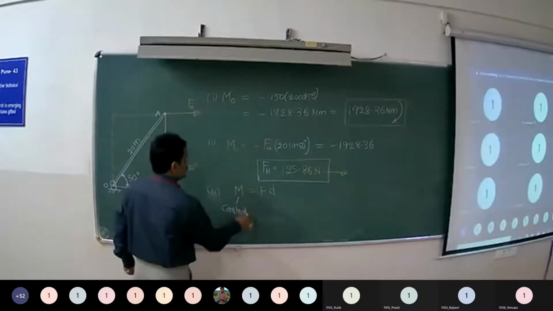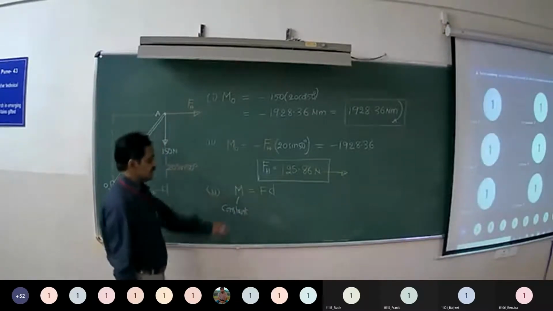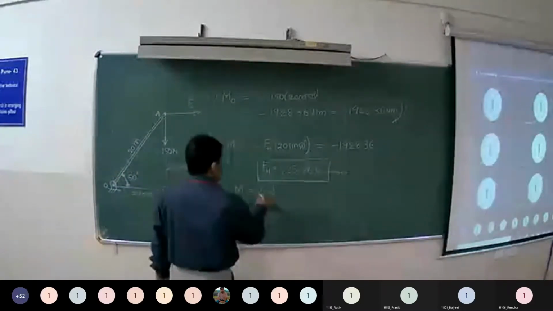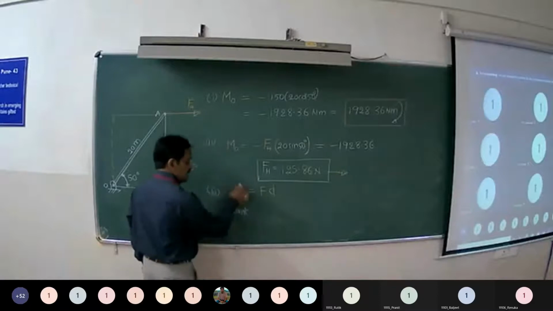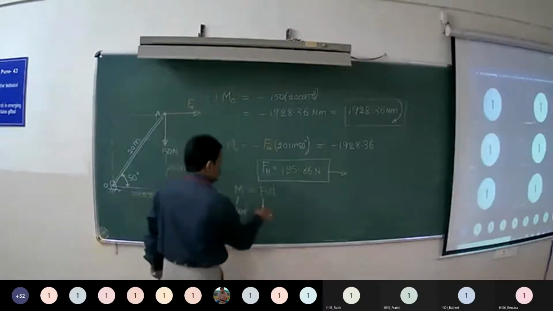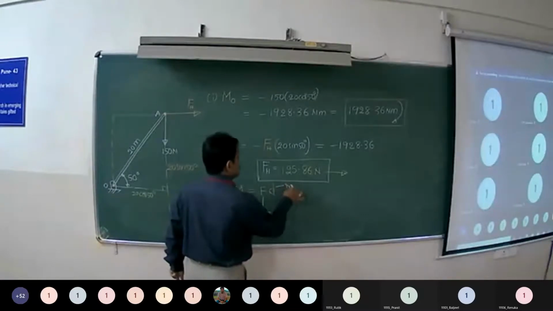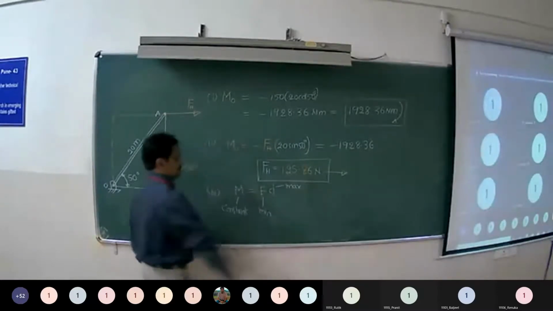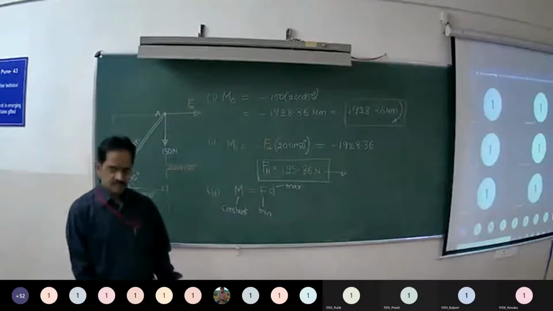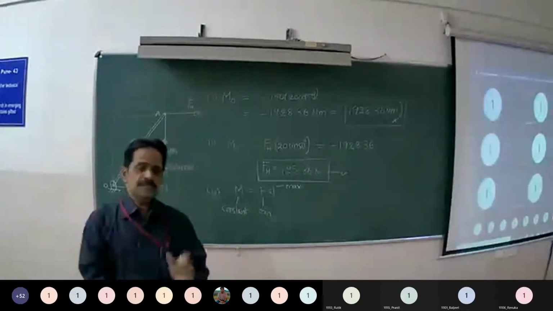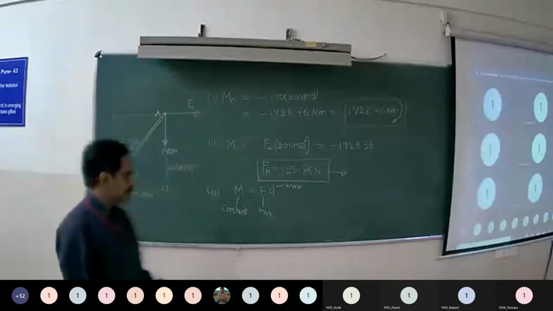You have to find out the force, minimum force, such that it will create the same moment. So, for a constant moment, force is minimum when the perpendicular distance is maximum. For a given moment, if the perpendicular distance is maximum, the magnitude of force will be minimum.